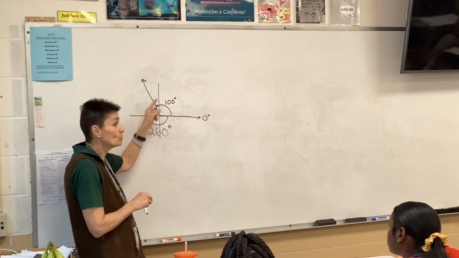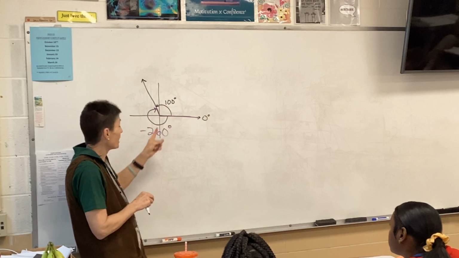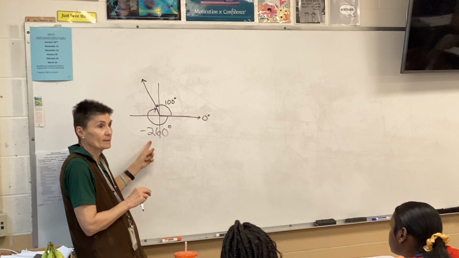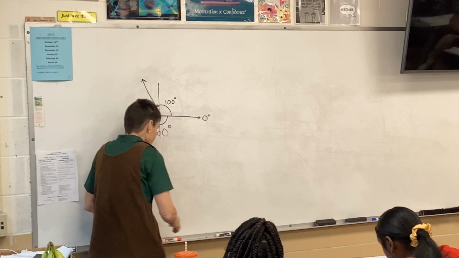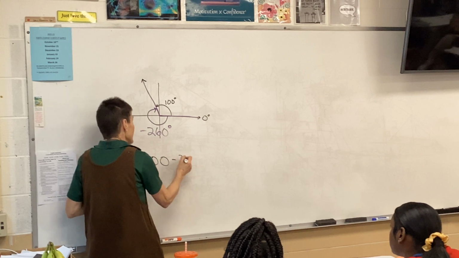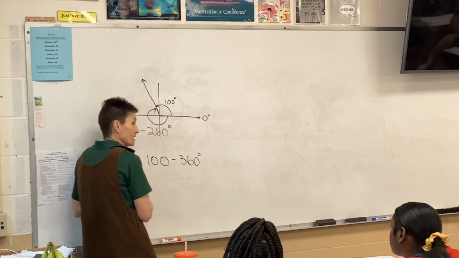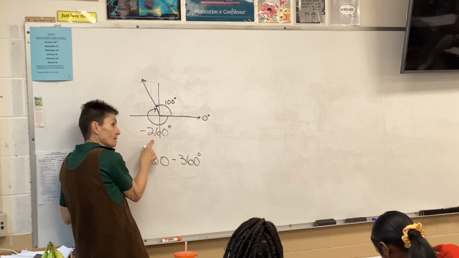Since a full revolution is 360, does it make sense that if that's 100, that one's 260? Yep. Now, the math behind what Robbie did was he said, look, take your 100 and subtract 360. That will give you negative 260.